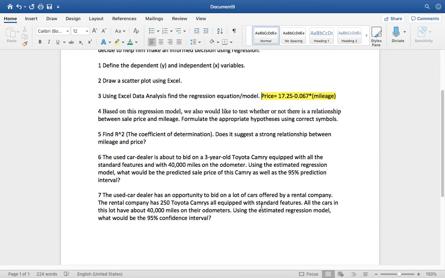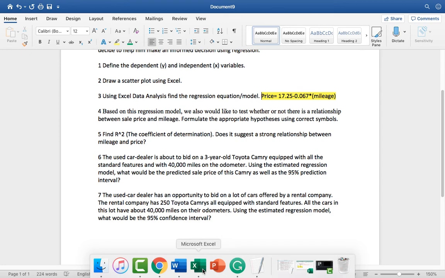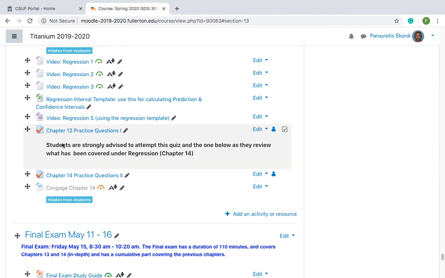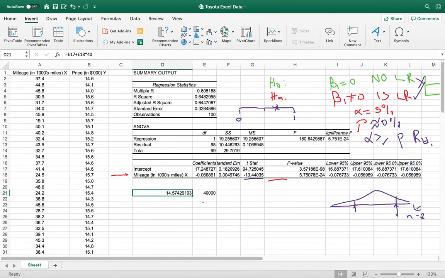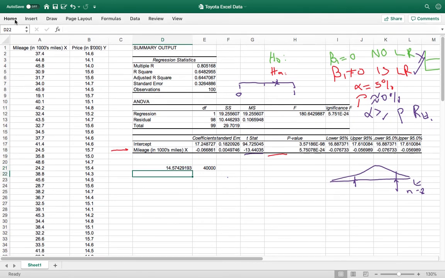So the reason that I delayed answering this is because we actually have the template. If you go over to Titanium, you see there is a regression interval template, and we can use this for calculating prediction and confidence intervals. All we have to do is open it up and put the data into it.